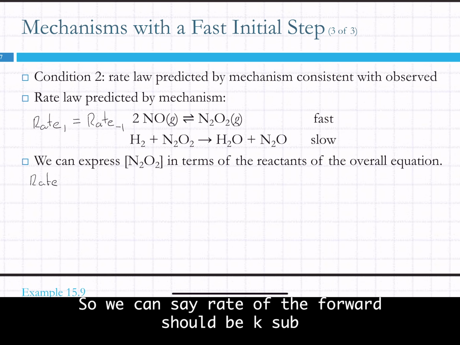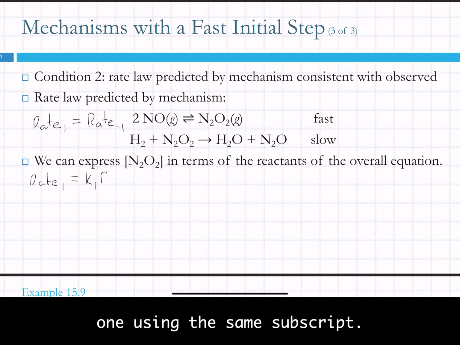So we could say rate of the forward should be k sub 1 times NO squared.